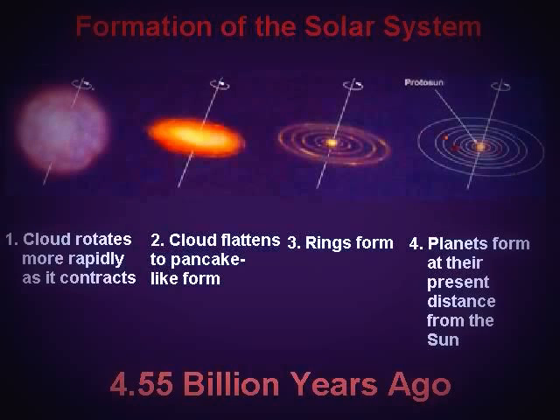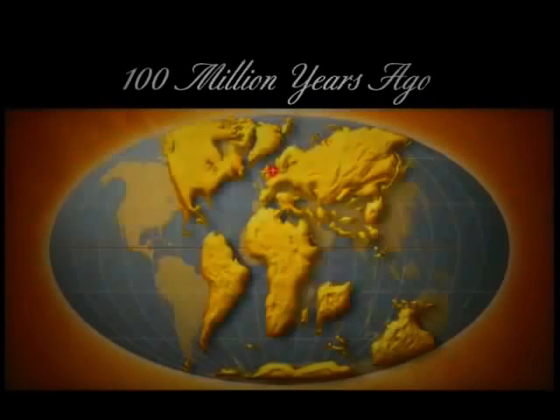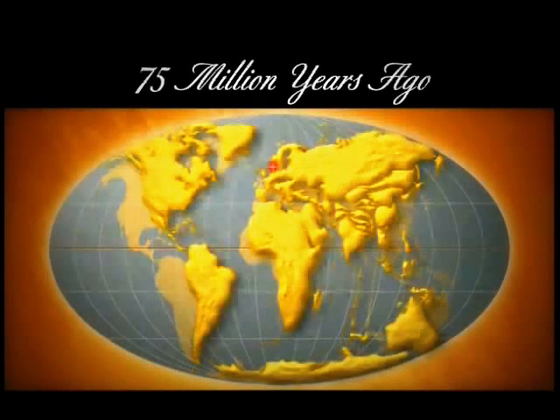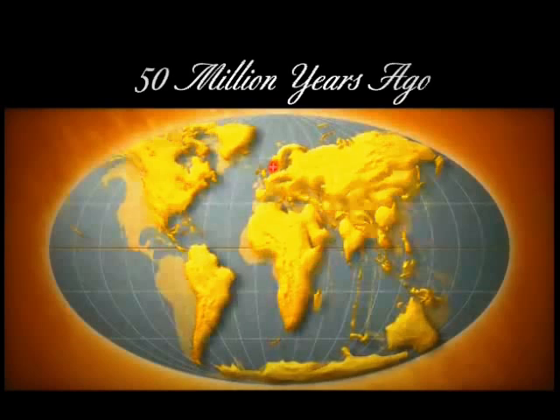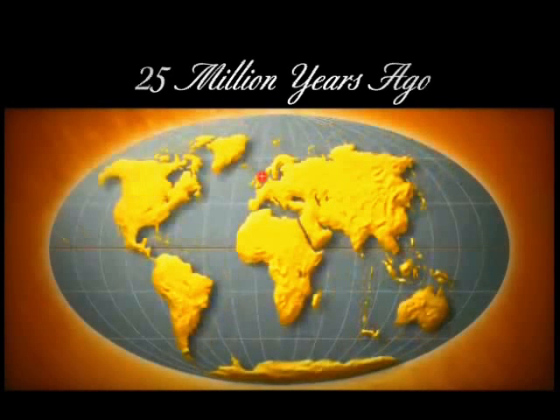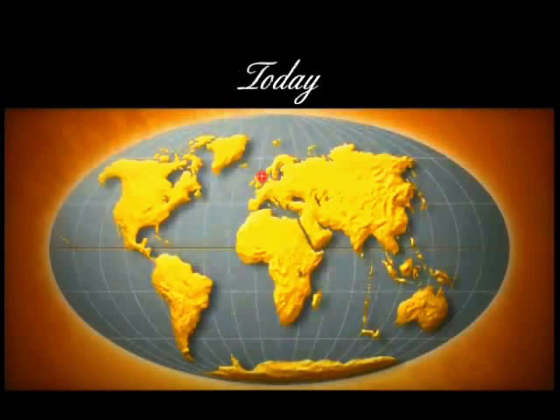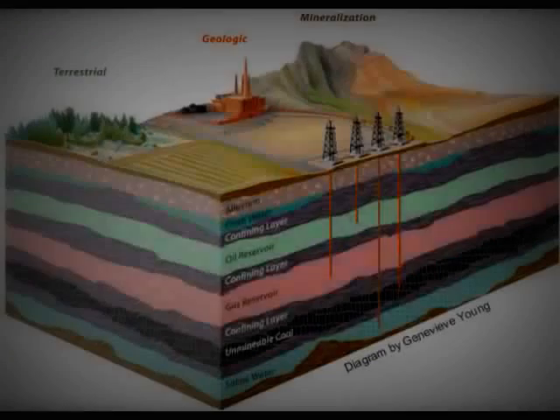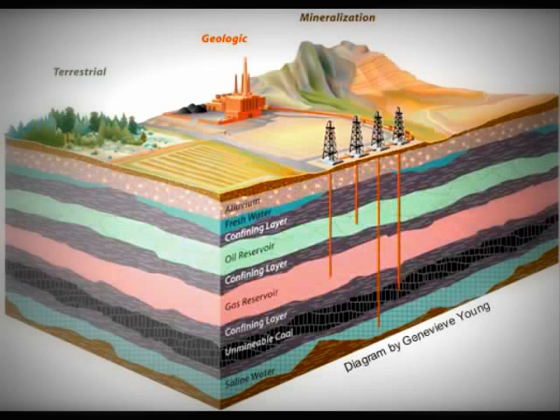In discussing the early stages of Earth's creation, we will describe the theory of plate tectonics. In this description, we will see how they move, what happens when they move, and the changes that these movements create. We need to understand plate tectonic theory because it helps us in our quest to locate oil and gas.